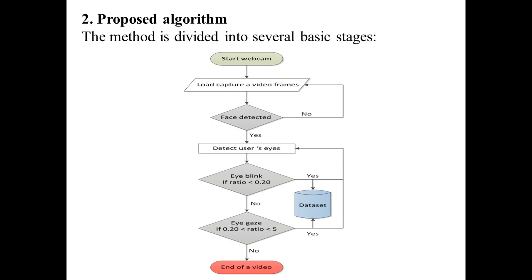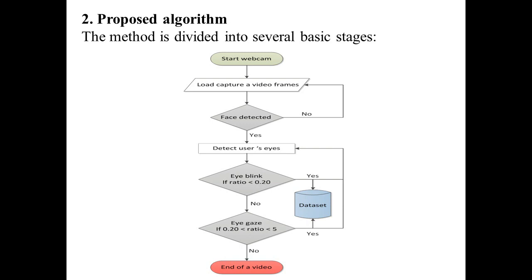If the eye aspect ratio is less than 0.20, then blinking is identified and recorded as an output in the data set.